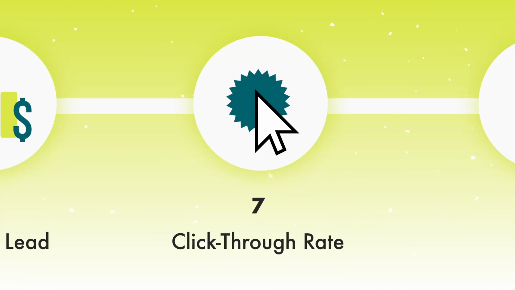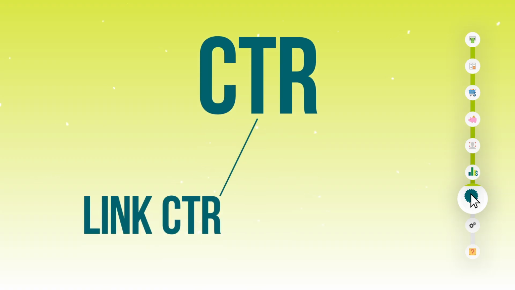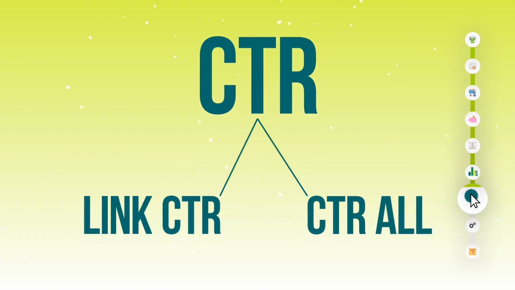Now, the metrics that we've talked about to this point were based on the overall results of our advertising. Next is CTR. Our click-through rate is an indicator of how engaging your ad copy and creative is to the audience that you're putting it in front of. Now, Facebook's gonna throw a fastball at you because there are two different click-through rates. They have a link click-through rate and they have a click-through rate all.